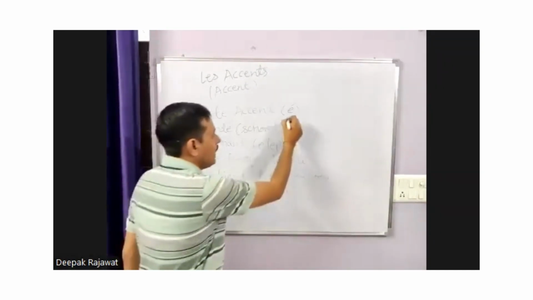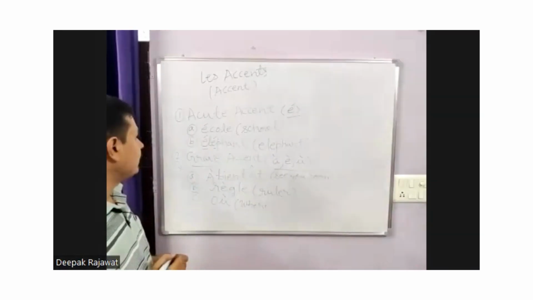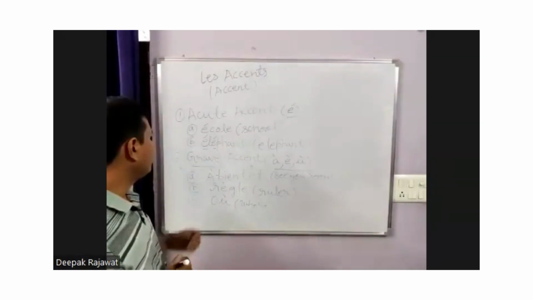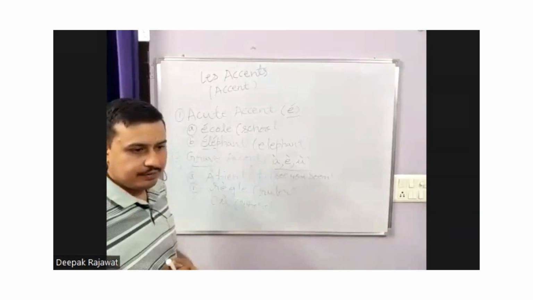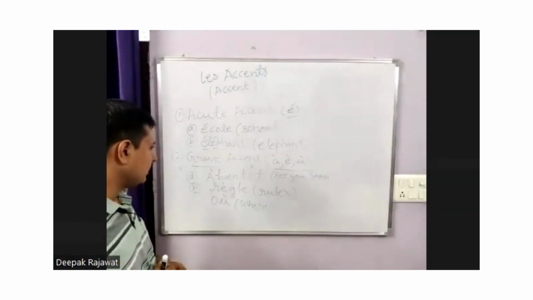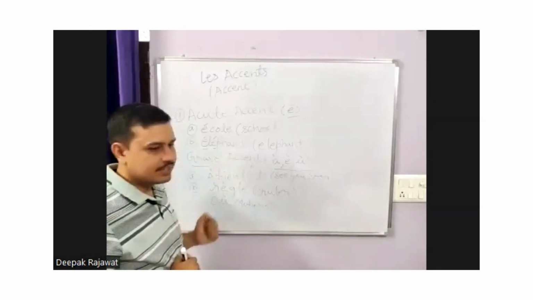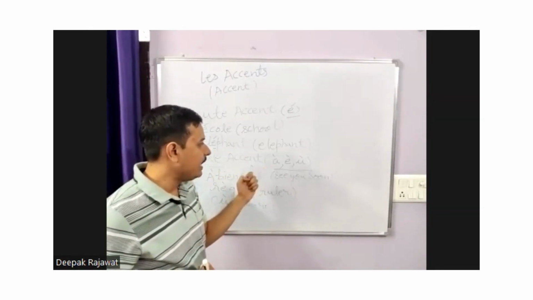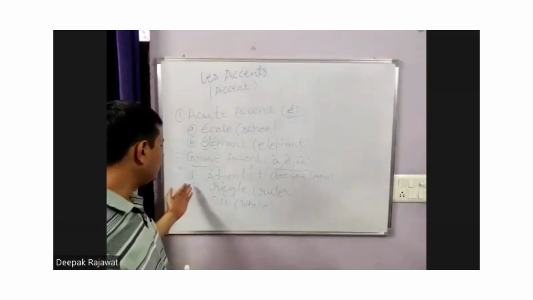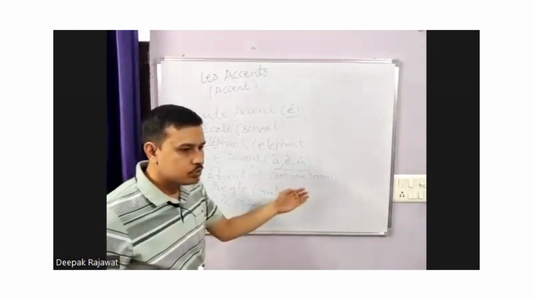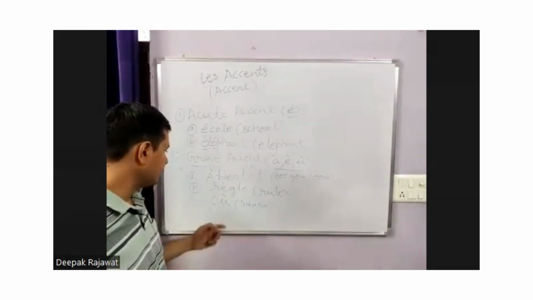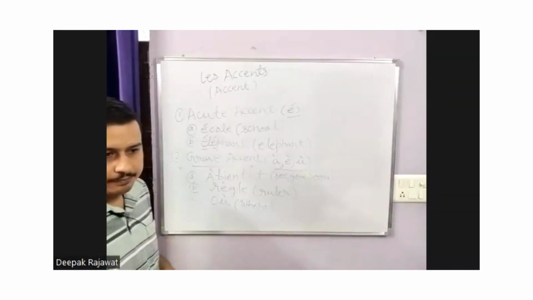This is only put on letter E. We have examples: école, school, éléphant, elephant. Second we have the grave accent. This we put on letters A, E, U. Examples: à bientôt, see you soon. Règle, ruler or scale. Où, where.